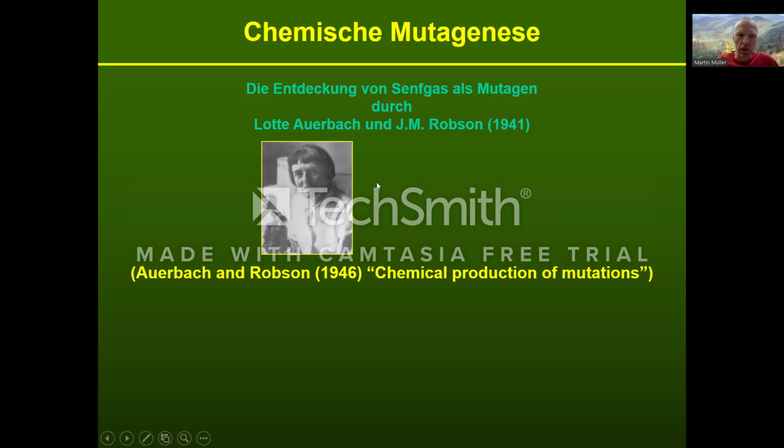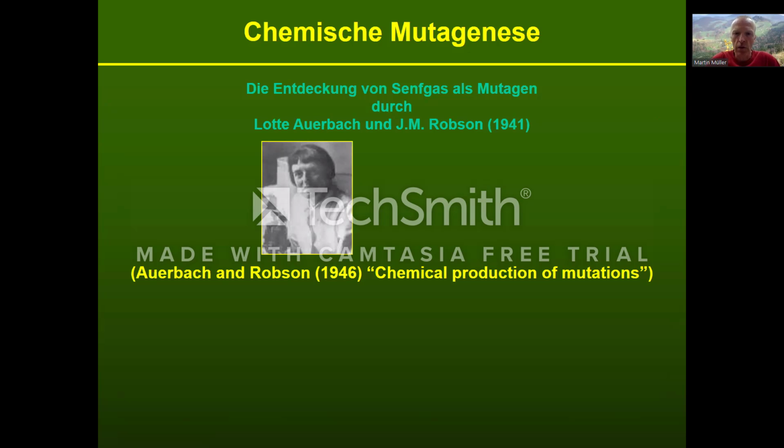There was this woman, Lotte Auerbach, together with a man called Robson. On the suggestion by Herman J. Muller, they started to experiment with mustard gas as a mutagen, and they were actually successful. Nobody would like to do a mutagenesis these days with mustard gas, of course.